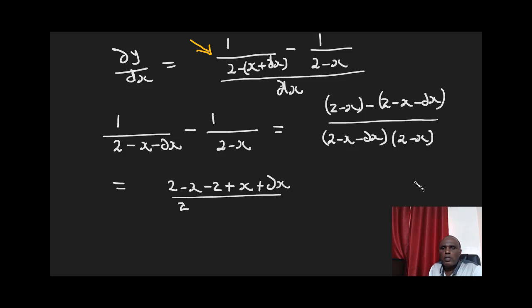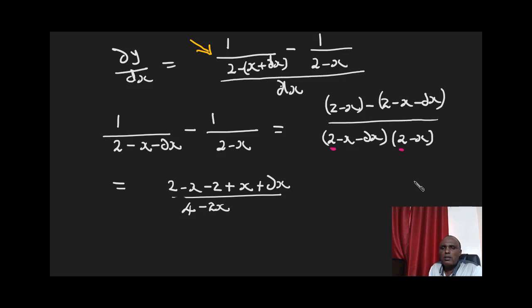Multiplying out, 2 multiplied by 2, you get 4. Then 2 times negative x, you get negative 2x.